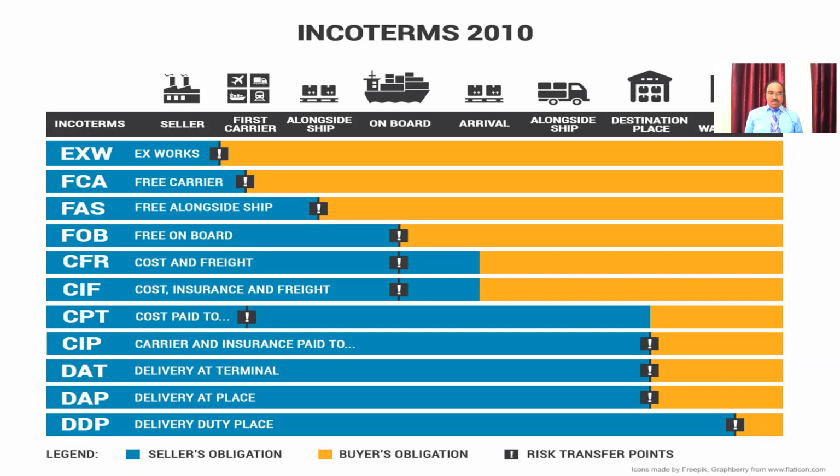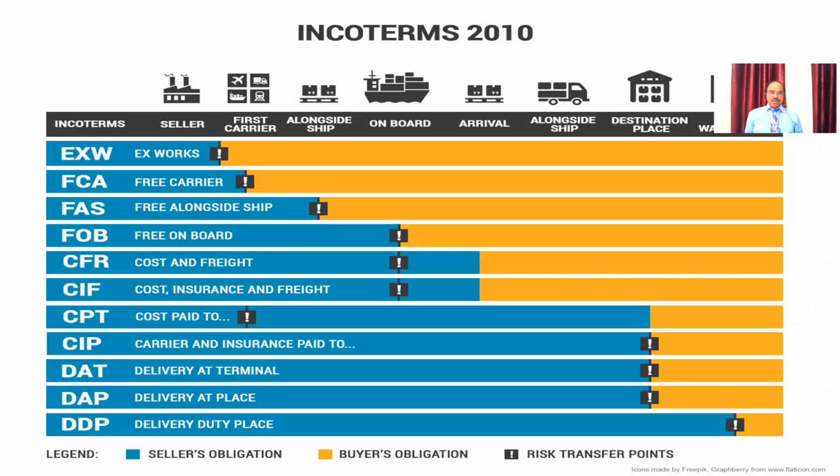So Ex Works means the price will be up to the warehouse of the seller. After that, to bring back the goods, the buyer has to take the responsibility, so it is Melvin's role. The point is, the risk-taking point is in the Ex Works factory of India itself.